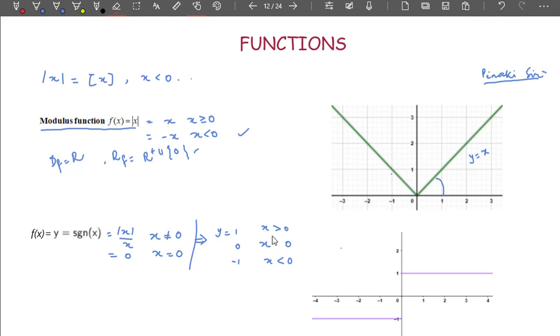You can easily see the graph: when x is positive, that is a straight line y is equal to 1. When x is negative, that is a straight line y is equal to minus 1, and it takes the value of 0 when x is 0. This point is included, but here these points are not included when x tends to 0.